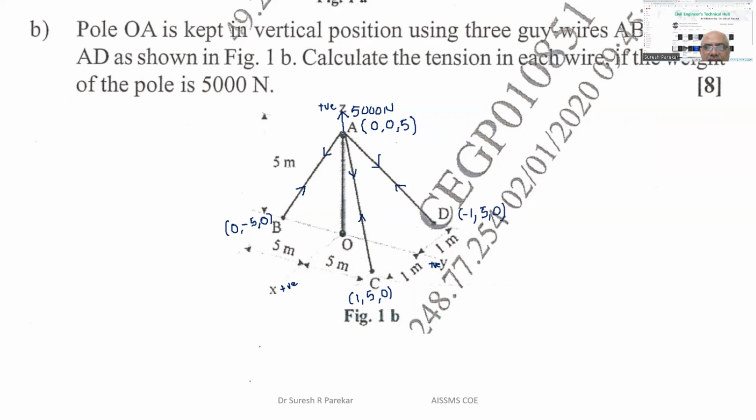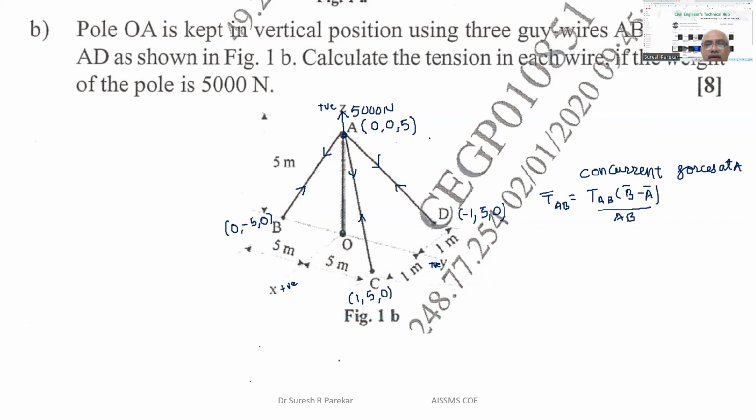So now we have equilibrium at joint A. We have concurrent forces at A. Now T bar AB is equal to TAB into B bar minus A bar upon AB.